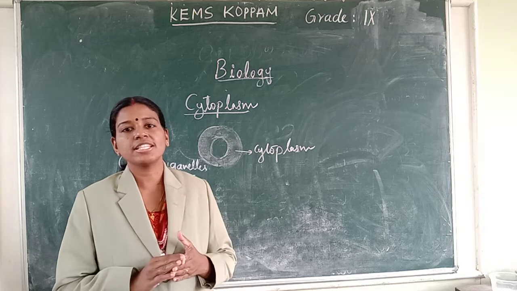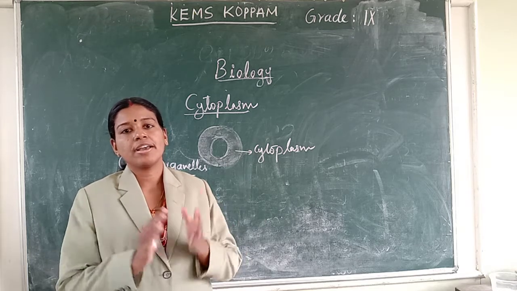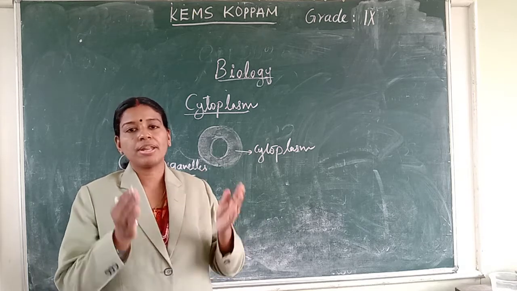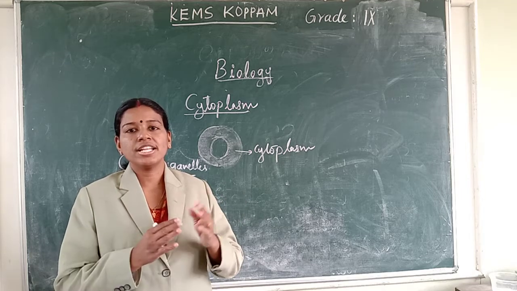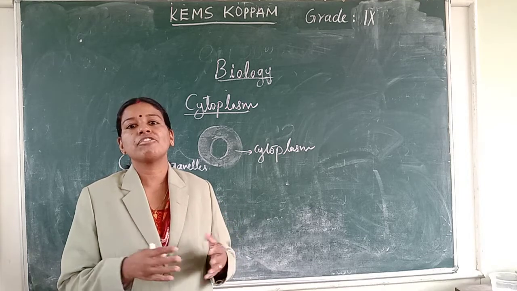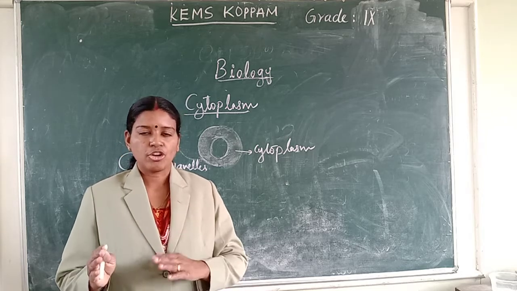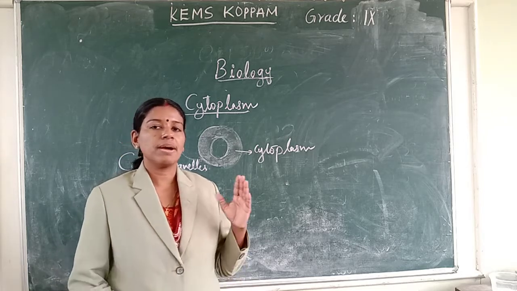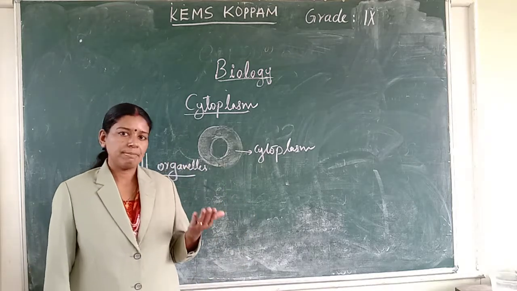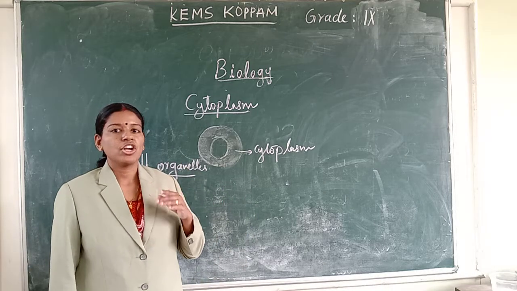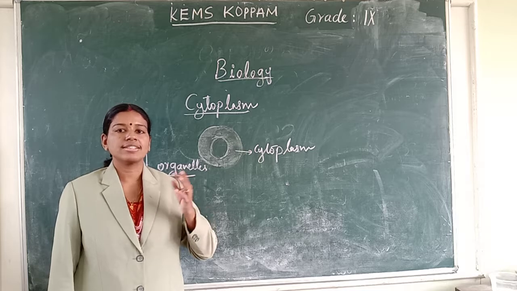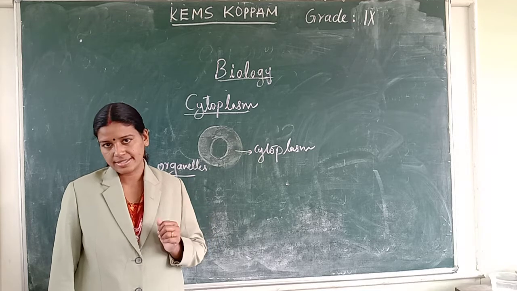Each cell organelle is in a separate structure, a membrane, so the contents will not get mixed and they can perform their function. Each cell structure is separated by the presence of a membrane. That's why we call them membrane-bound cell structures called cell organelles.